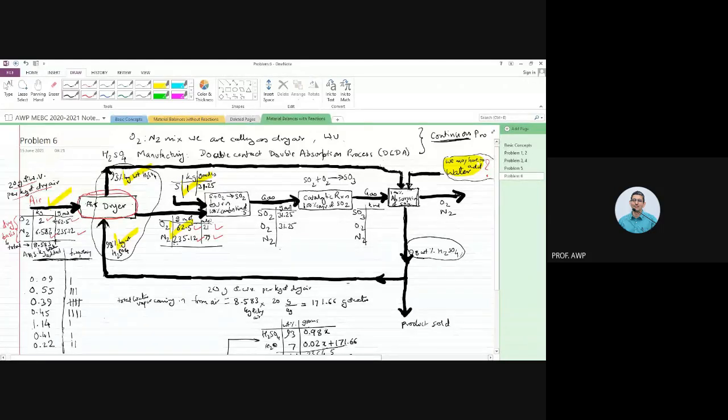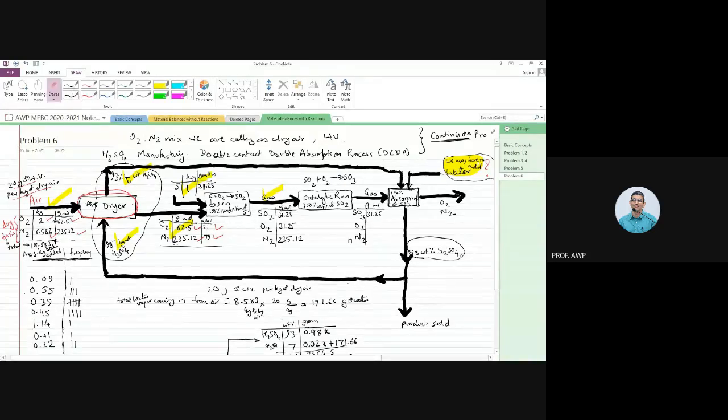So we've got everything up to this stream. Now let's go forward. 1 mole of SO2 reacts, I will get 1 mole of SO3. So this will be 31.25, again not kilomoles, we are talking about gram moles. Oxygen, every mole of SO2 reacts, half a mole of oxygen is going to react.